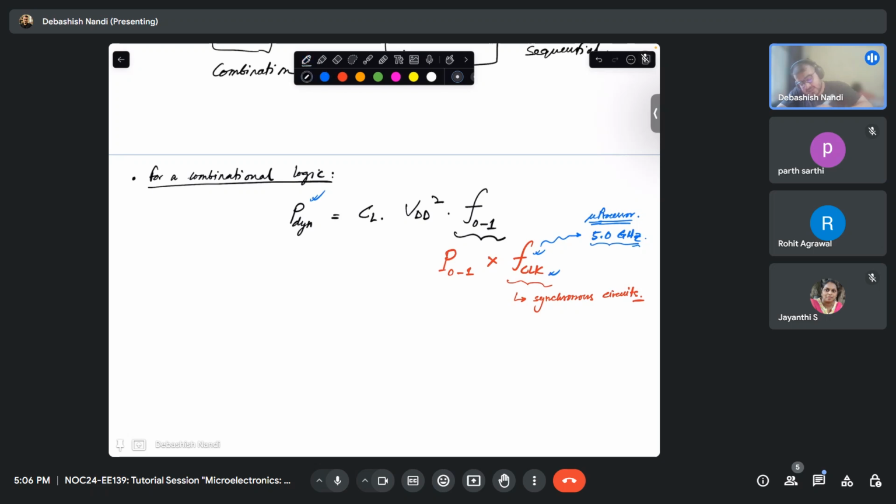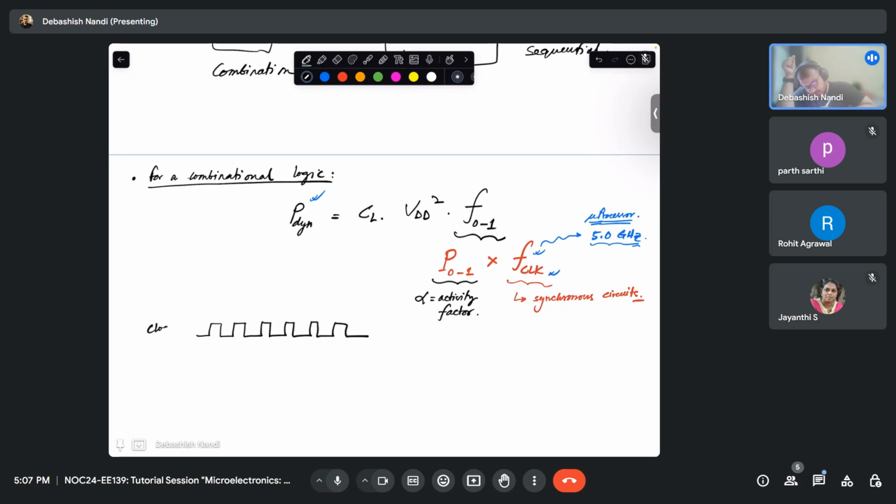Then what is this P of 0 to 1? It is called alpha or the activity factor. This is the probability of 0 to 1 transitions at the output due to a clock signal. For example, suppose you have a clock signal something like this.